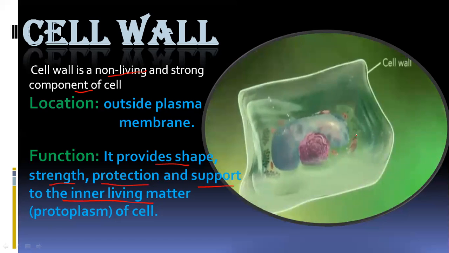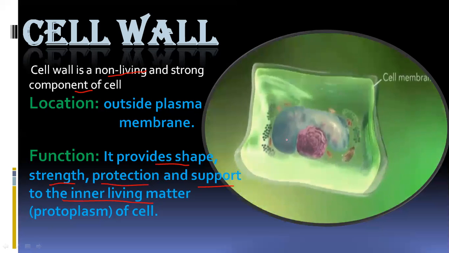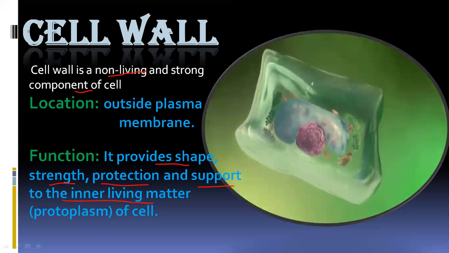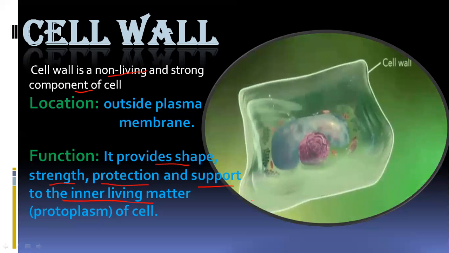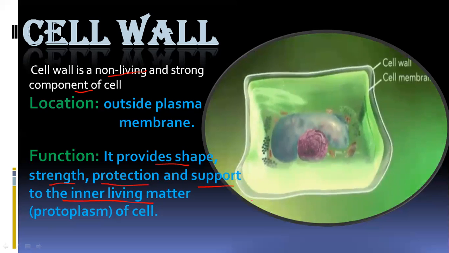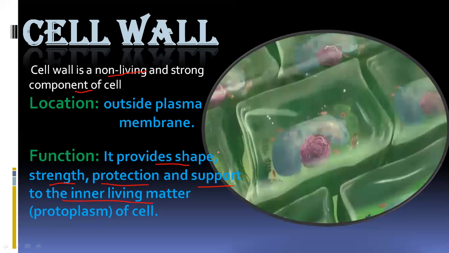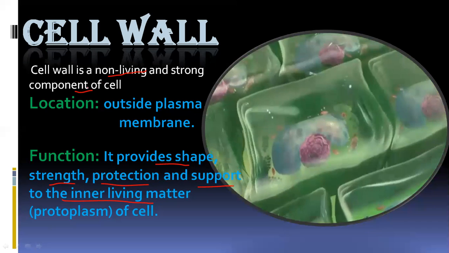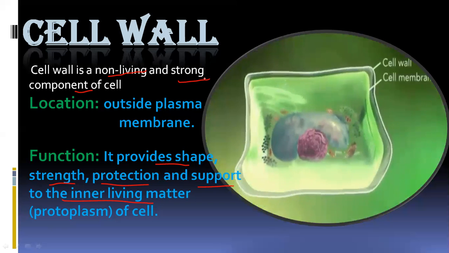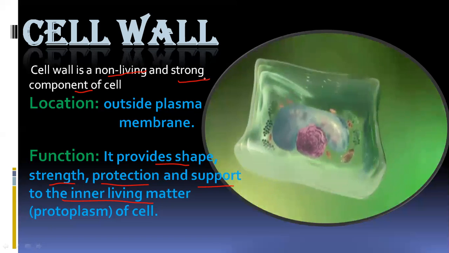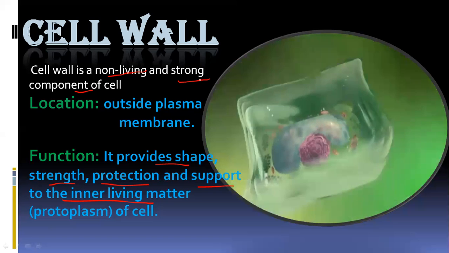You can see here all around, this is protoplasm, and outside that is the cell membrane, and the outermost in the plant cell, it is only located in the plant cell, not in the animal cell, because that is a very tough, hard and strong component, because it has different types of chemicals inside it, so that makes it a very strong and hard component.